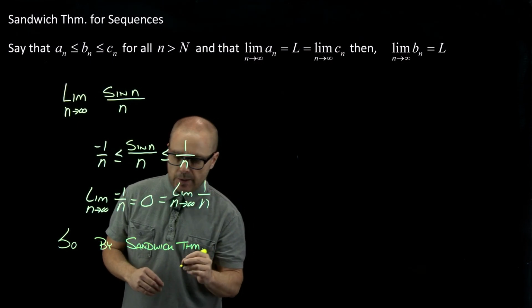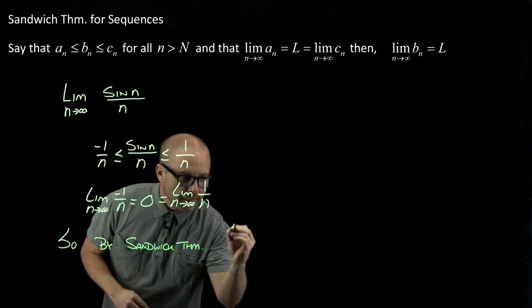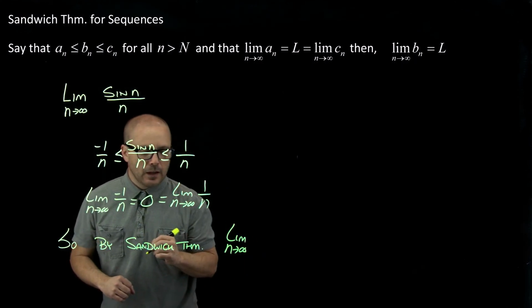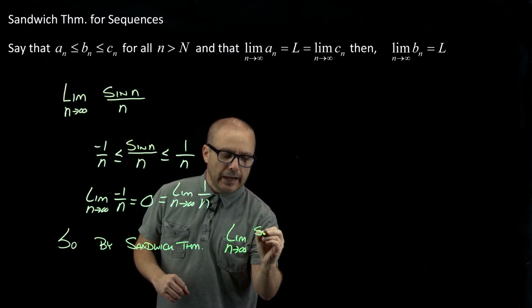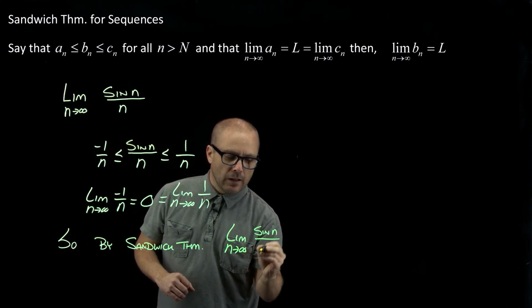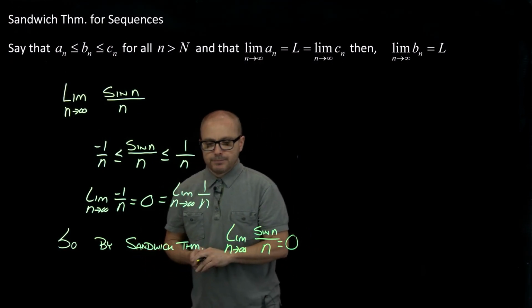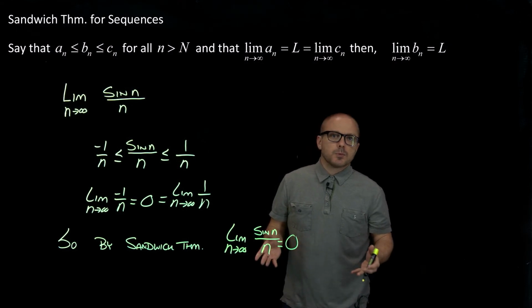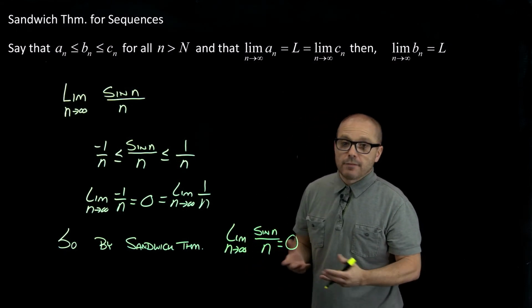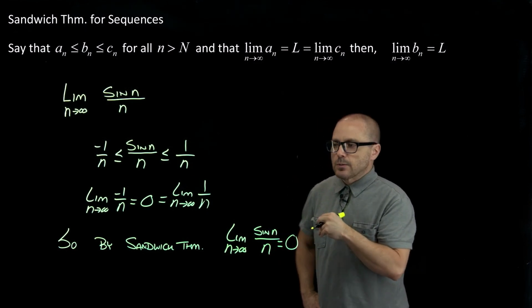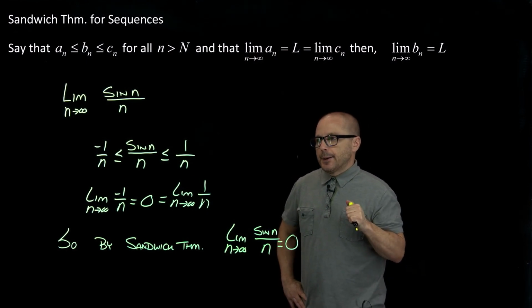By sandwich theorem, the limit as n goes to infinity of sine n over n equals 0. So this was an argument that you saw for functions back in Calc 1. It still holds for sequences as well.